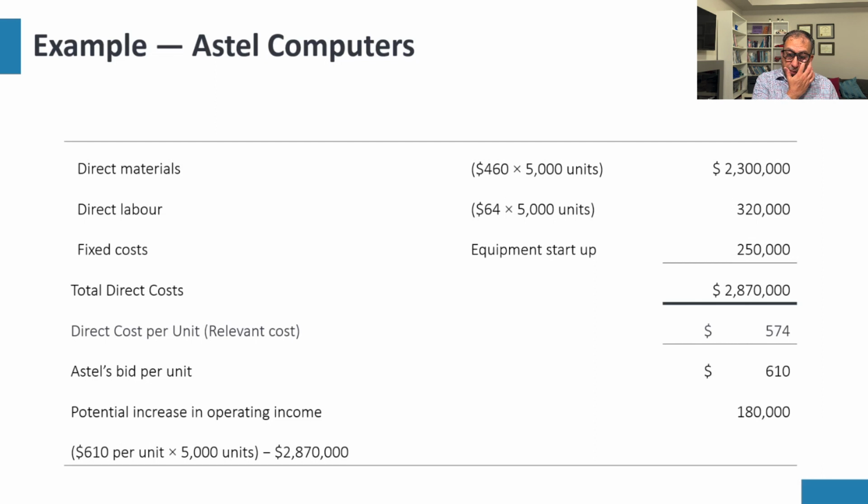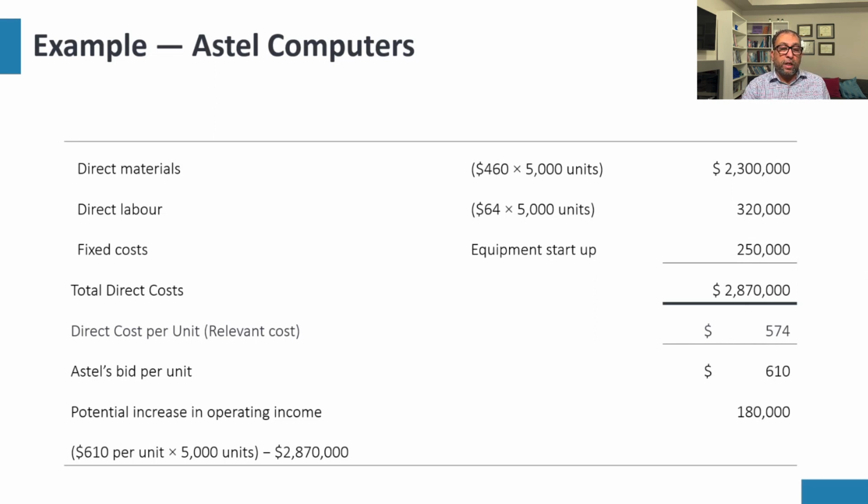This is a special order Astel computers are getting from DataTech, and the order asks them to bid for supplying 5,000 computers. So before going into the bidding, they have to calculate the cost, because in this way they are able to bid correctly.